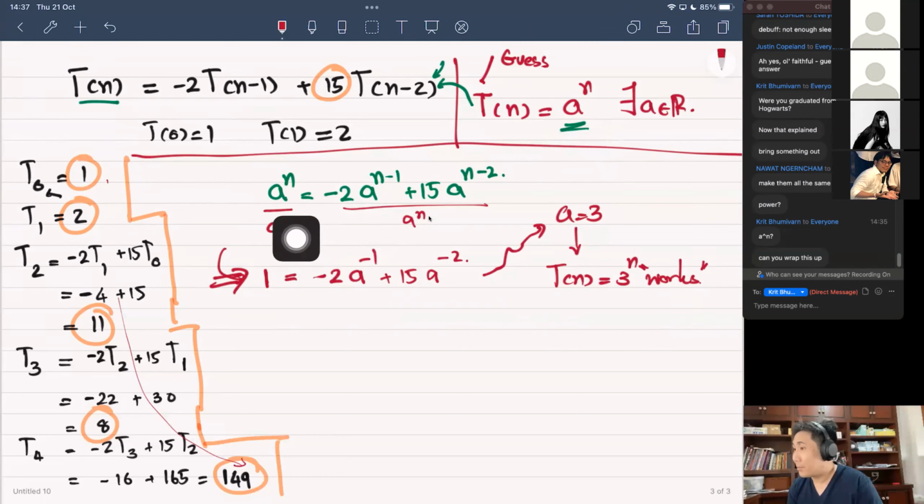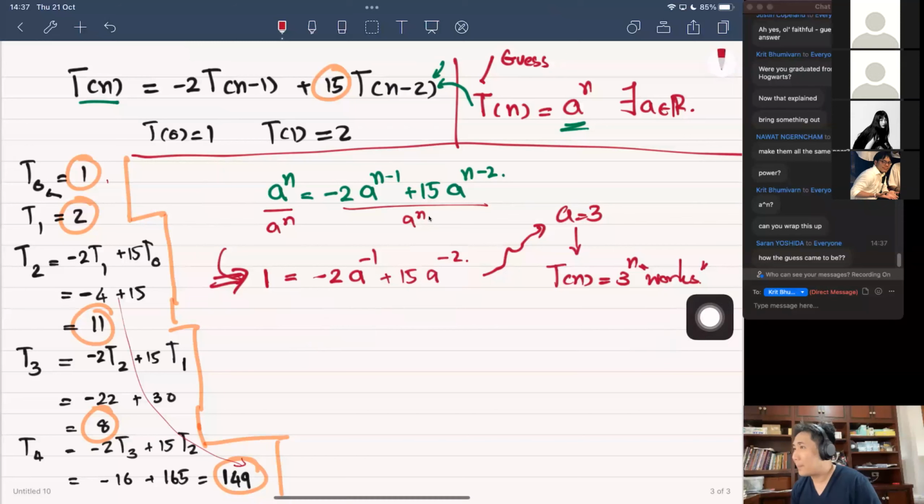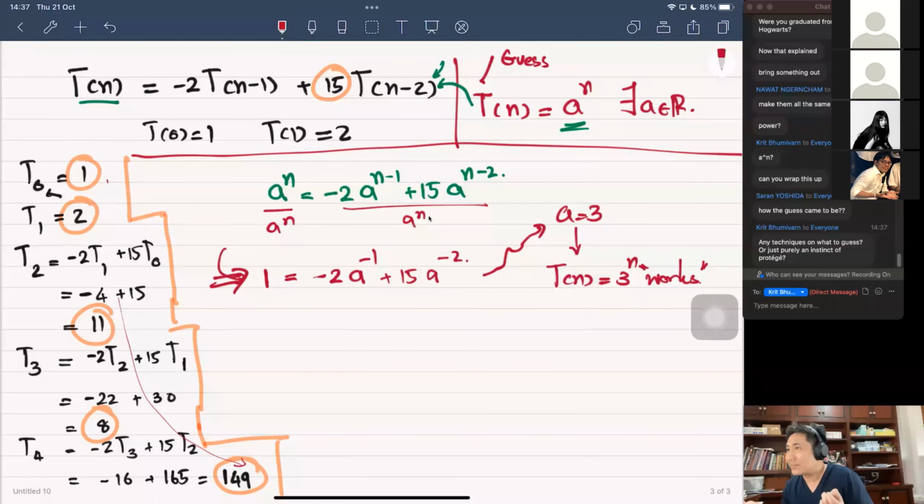So that's what we do. And we solve that: if A is 3, then it at least makes the left and the right-hand side equal. So that means 3 to the n works. 3 may not be the real number.